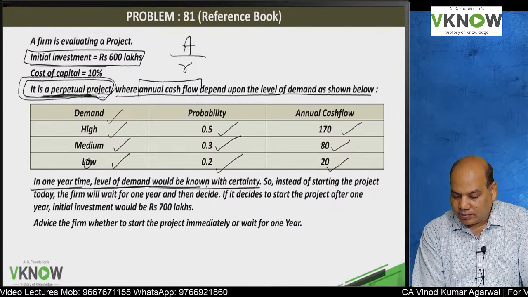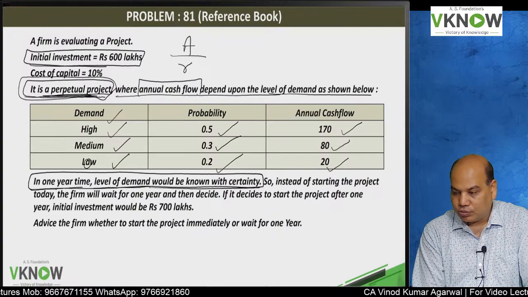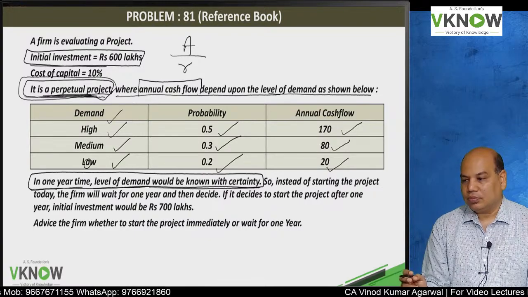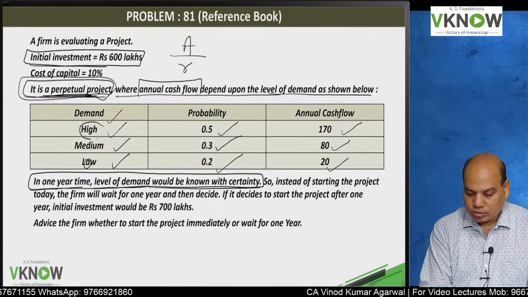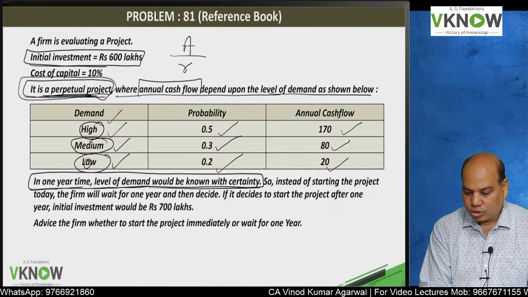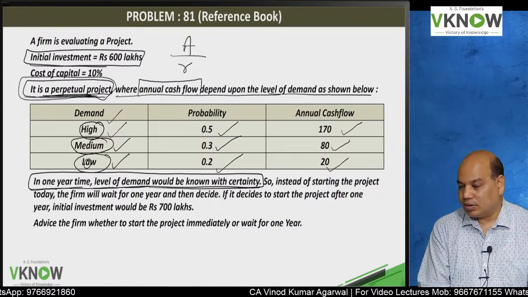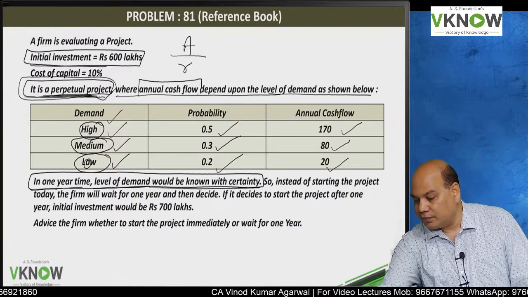In 1 year time, the level of demand will be known with certainty. It means if you wait for 1 year, you will get to know whether the demand is high, medium or low.